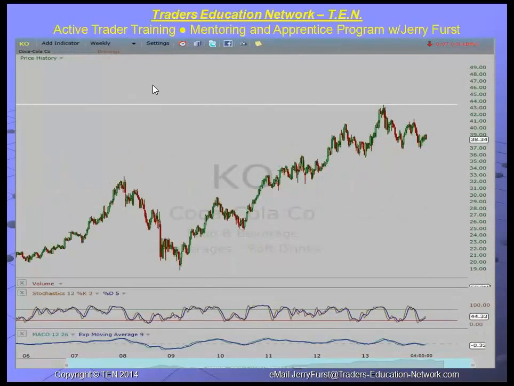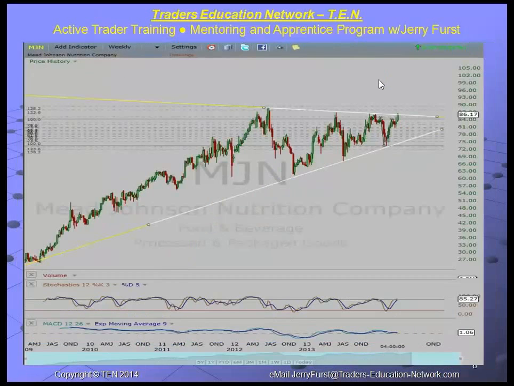How about Coca-Cola? Can you identify the chart pattern here? This, again, a weekly chart, setting up over here. How about MJN? Again, a weekly chart. Take a look at this triangle pattern that Russ identified.